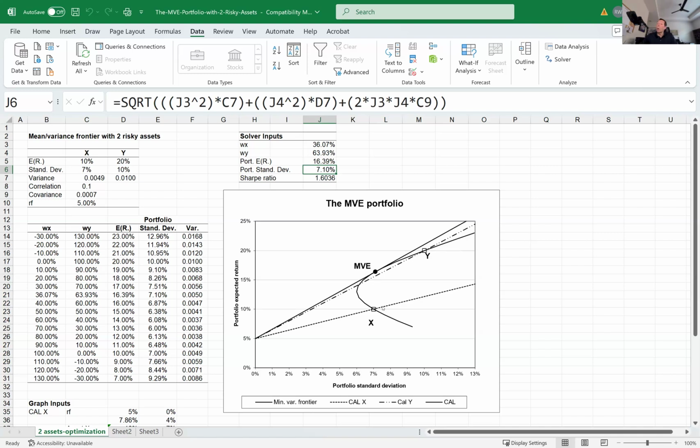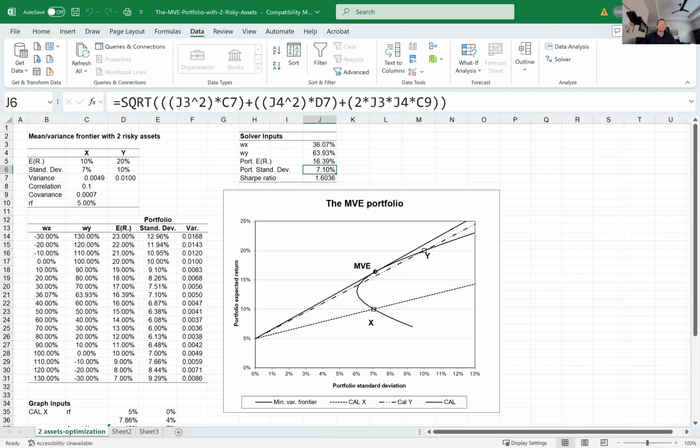Nobody even wants to be anywhere on the hyperbola, except maybe if they wanted to be right here at the MVE, because everything on that solid line is better than every point on the hyperbola, except, of course, the MVE is a point on the solid line and it is a point on the hyperbola.